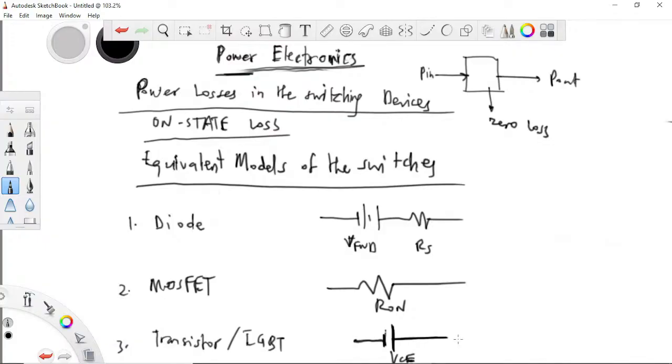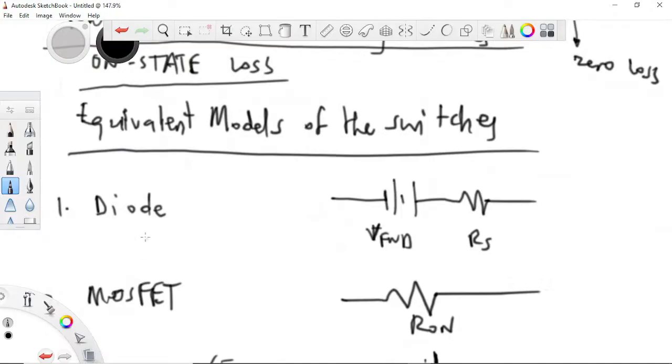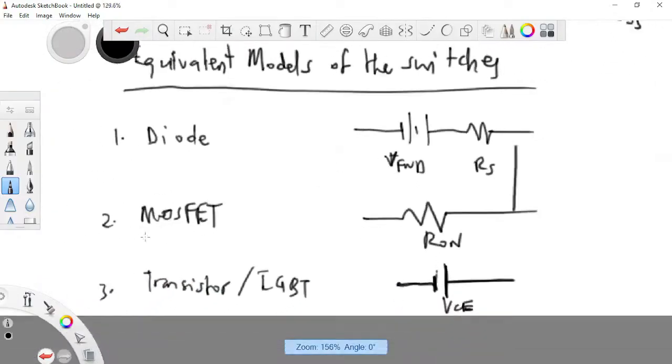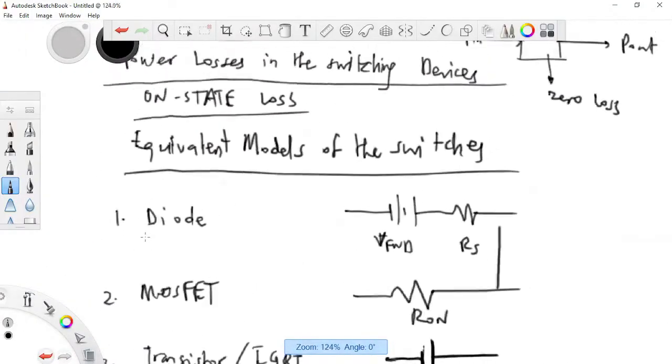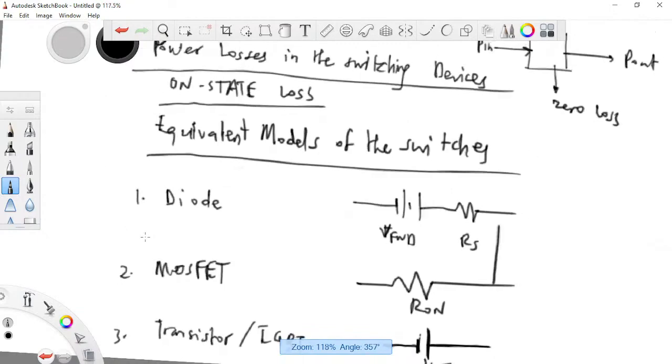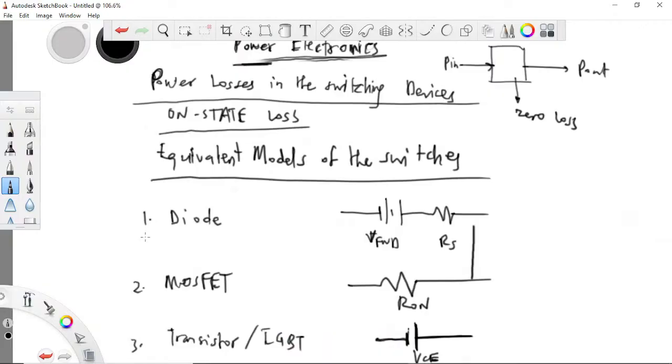Please kindly take note. So we say that a diode is modeled as this, then a MOSFET is also modeled as this, and then a transistor is modeled as a voltage source. Fantastic. So there you have it. Now we've seen the equivalent models of the switches.